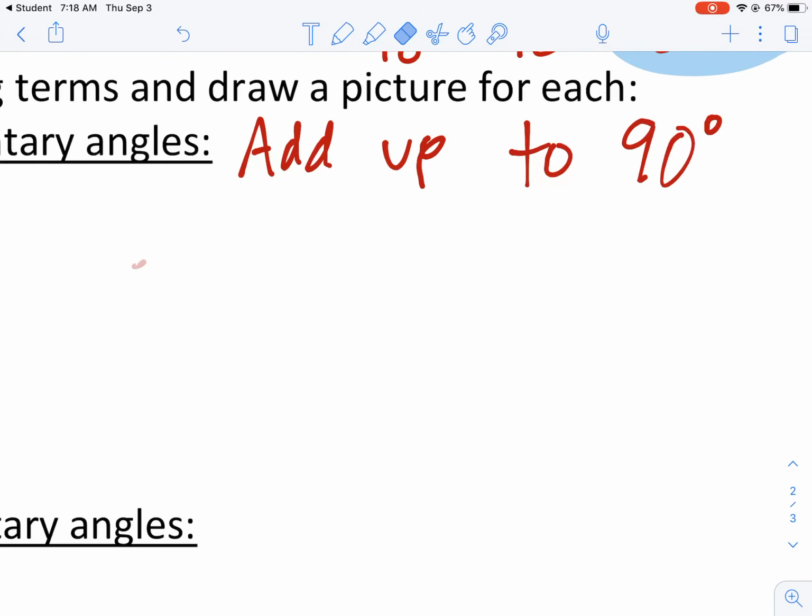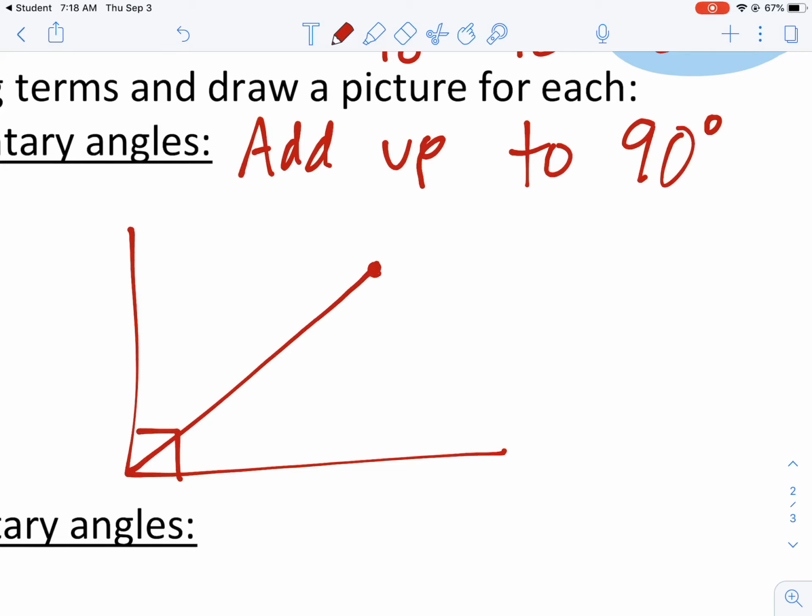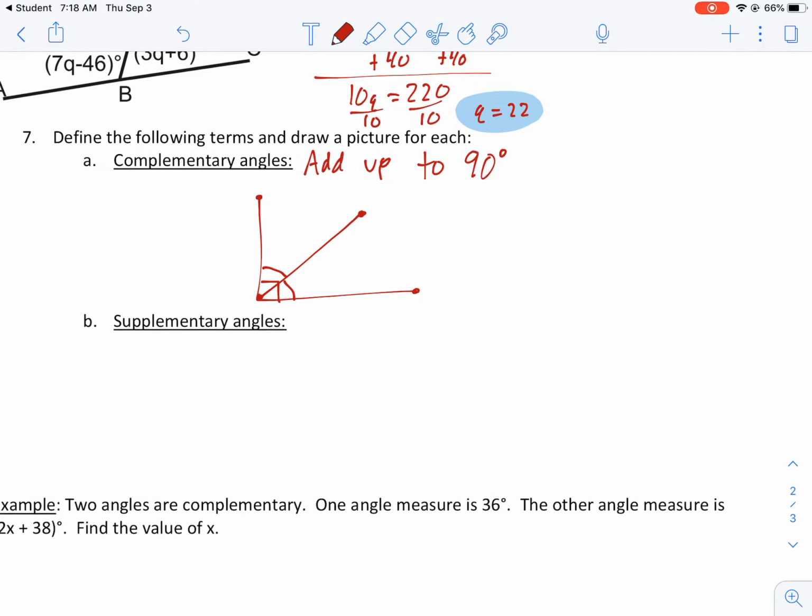If you wanted to draw a picture, we would have a 90-degree angle like that, and then you could just draw a line somewhere in the middle. So therefore, this angle and this angle, they would add up to 90 degrees.